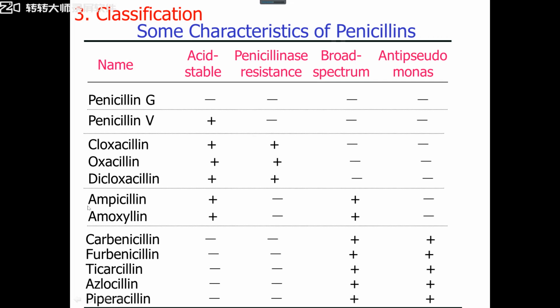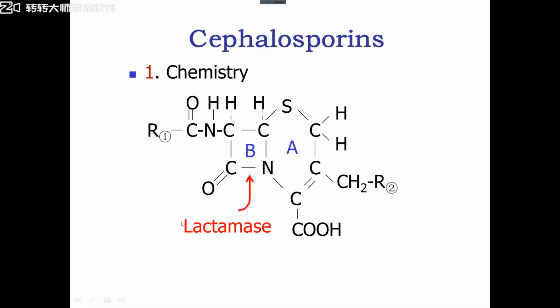And then we have ampicillin and amoxicillin. Compared to penicillin G, these drugs can be given orally and are broad-spectrum penicillins. At last, we have the last kind, especially to kill Pseudomonas, so we call them antipseudomonas, broad-spectrum penicillins.